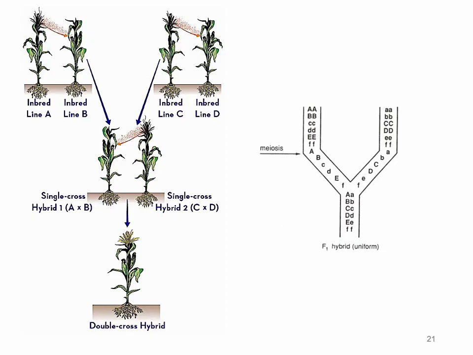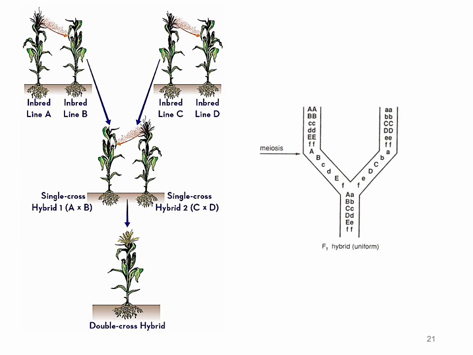So here you can see the figure of the original hybrid mice production and the illustration of the F1 hybrid, which is uniform but heterozygous for all the alleles, as I mentioned, that used to be different.